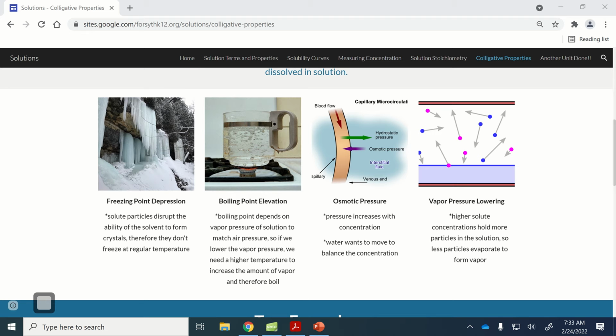Okay, so I'm going to skip over osmotic pressure and go back over to vapor pressure lowering. What is vapor pressure? With any liquid, there's always some of the particles that are escaping from the liquid state. They are evaporating.